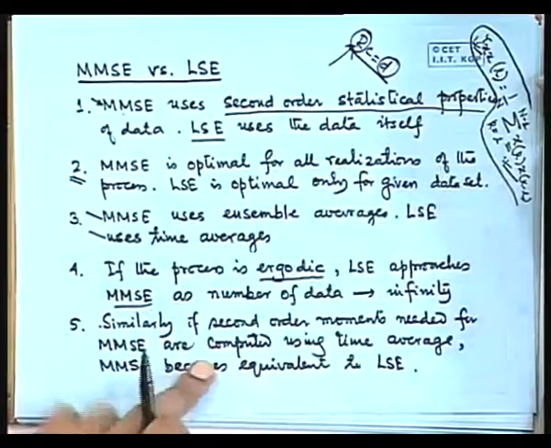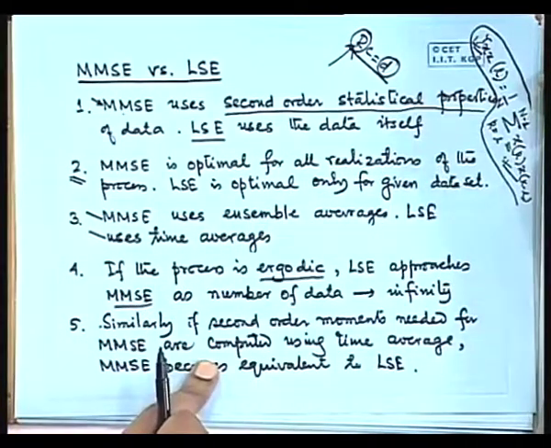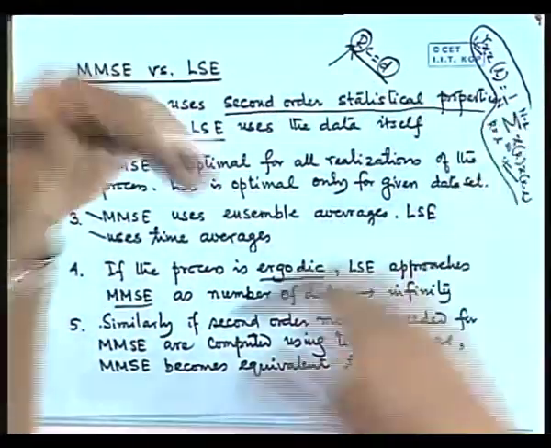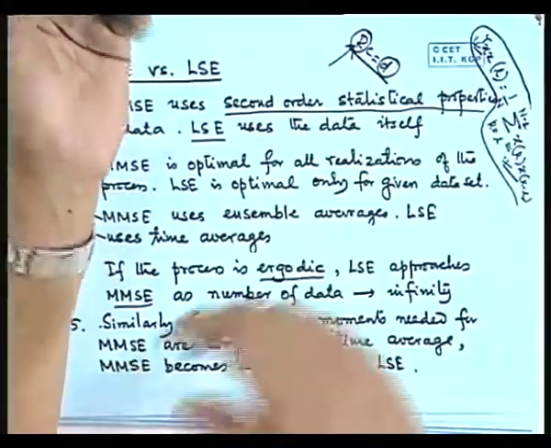Therefore your solution will tend to the LSE. So they are actually very related. That's why I thought that rather than coming back to them at a later time, this is the time to discuss them, because you get absolutely similar equations, everything similar.